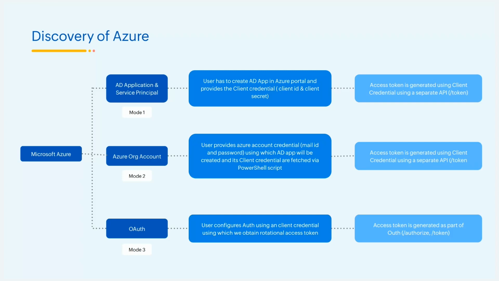This enhances security by ensuring the credentials aren't exposed for long. These three authentication methods provide flexibility in integrating with Microsoft Azure. Now let's move forward and see how Applications Manager utilizes these authentication methods to gain deep visibility into the Microsoft Azure portal.